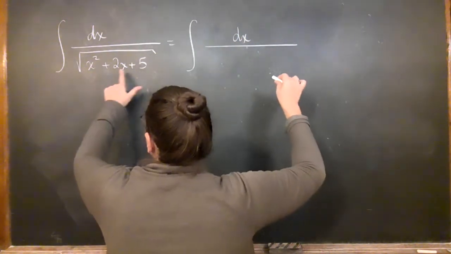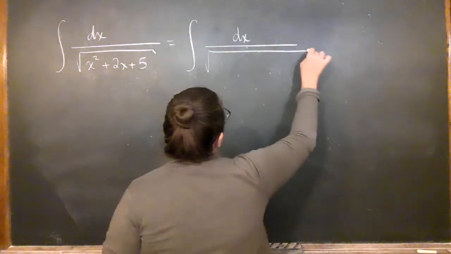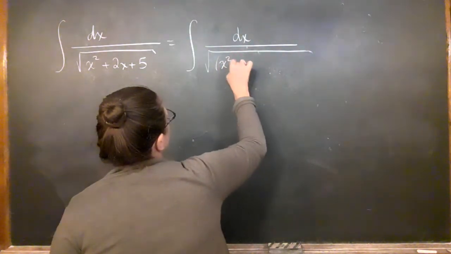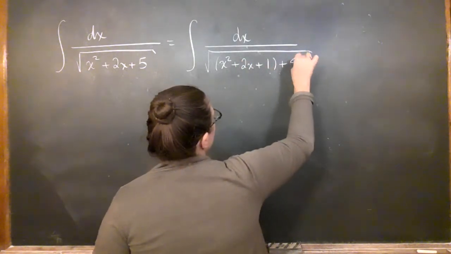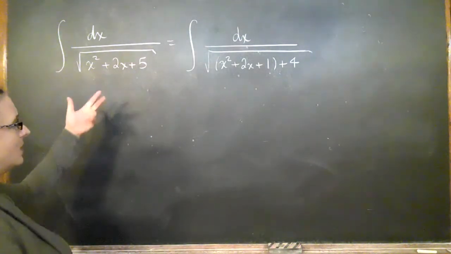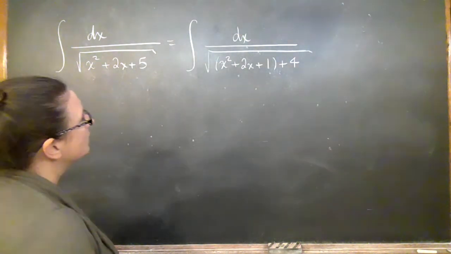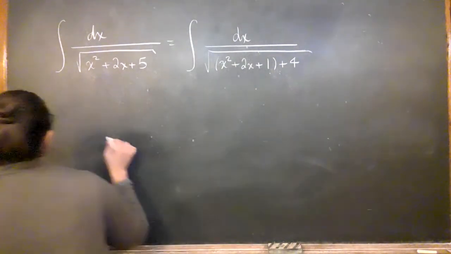Because this would be x squared plus 2x plus 1. So if I write it that way, I'm just going to write it in 2 steps so everybody's on the same page. Right, so I can add and subtract 1 and get 4, or I could just break it up there. And so what you have here is just x plus 1 quantity squared.